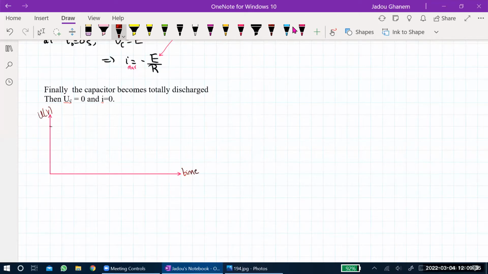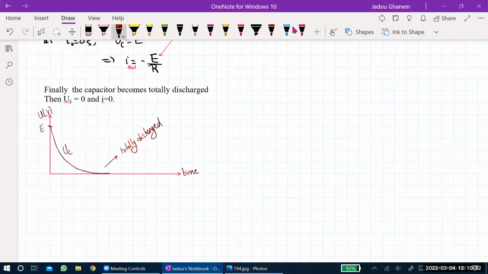So I'm going to start from the maximum to reach its minimum after a certain interval of time. So here it's totally discharged. And initially this value will be E. And this graph tells you the voltage across the capacitor. If you have any question, let me know, please.